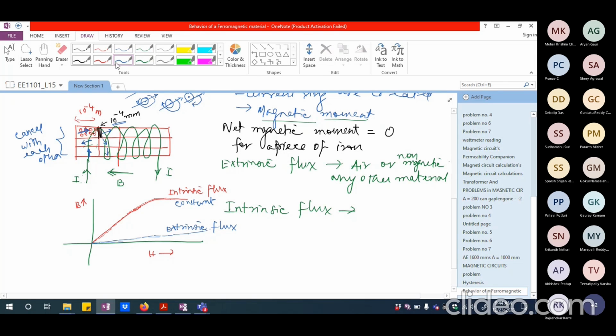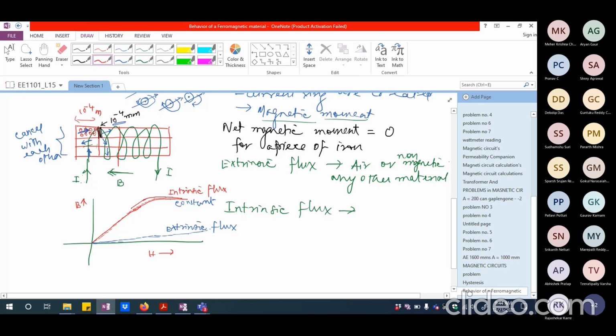And if you now try to reduce the current, it's not going to be easy for those domains to be disturbed from the existing position, because still there is the extrinsic flux along a particular direction that is not going to really allow these domains to be moved or disturbed from their original position.